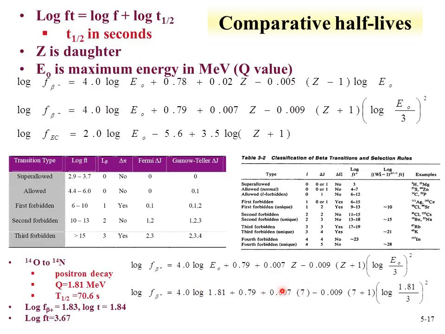It's the daughter. The Q value is for the E. I come up with a value of log F beta plus of 1.83. T is 70.6 seconds. Log of that is 1.84. I get a log Ft value of 3.767. And that fits into a super allowed category, or over here, a super allowed between an allowed category. So from this transition, we would see that this decay is a fairly allowed decay.